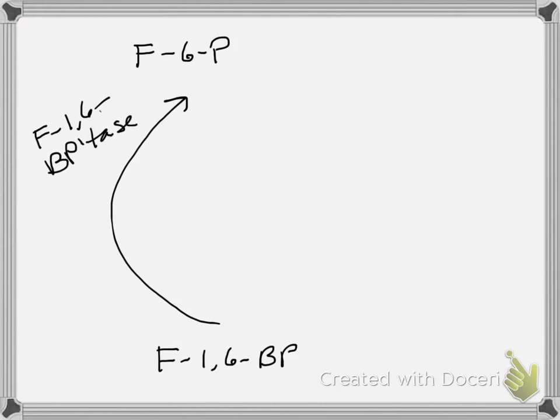Now this enzyme works primarily on substrate availability. So as the concentration of fructose 1,6-bisphosphate increases, because we are again feeding the gluconeogenic pathway, this enzyme will become active, converting that fructose 1,6-bisphosphate into fructose 6-phosphate.